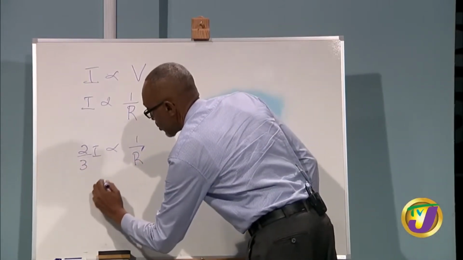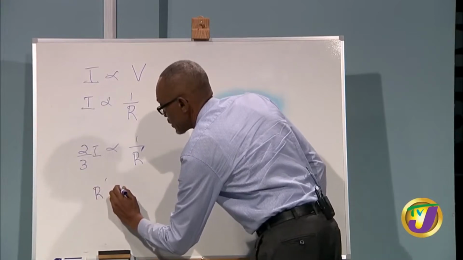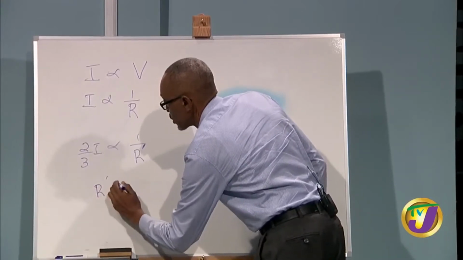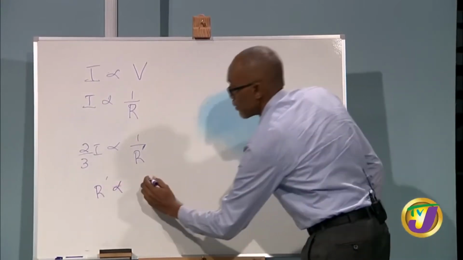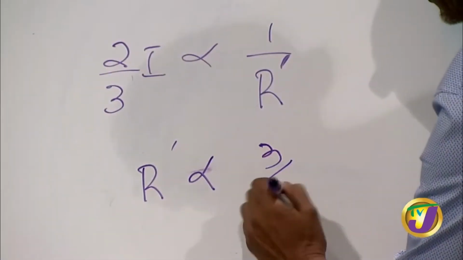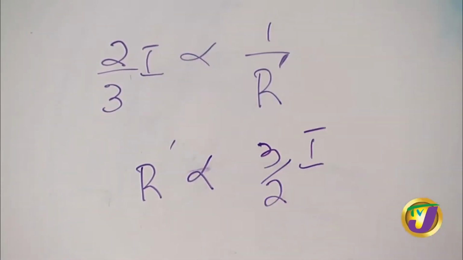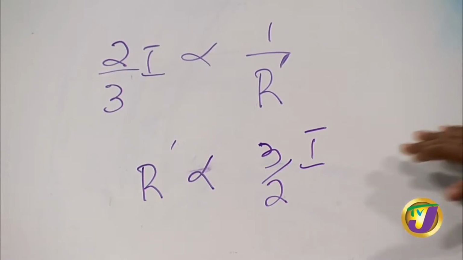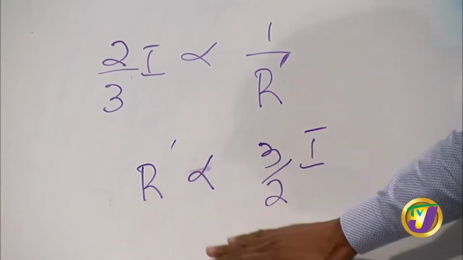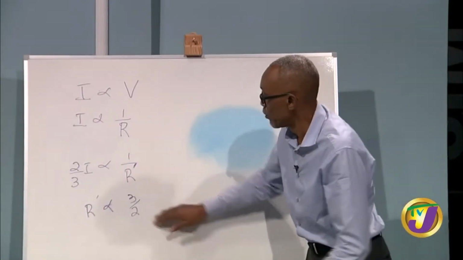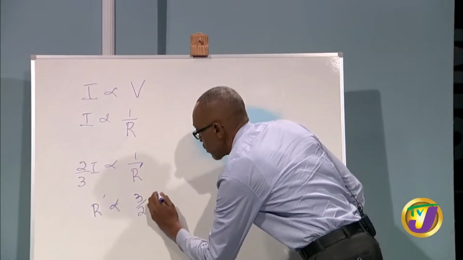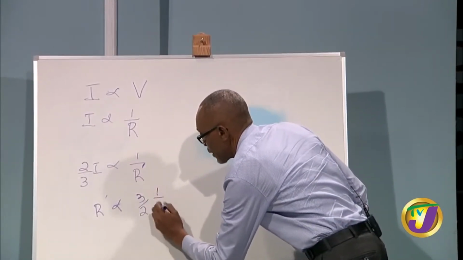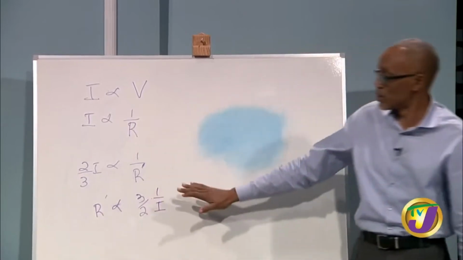We will get R prime is proportional to 3/2 times 1/I. You can do the algebra.